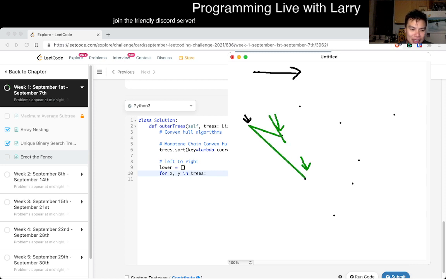Maybe I should use a different color, right? Same logic here. Oh, I think I messed up a little bit. I think it was too early to say that this one was no good. Technically speaking, sorry, it's been a while, we would draw a line here and consider that as the lower hull.